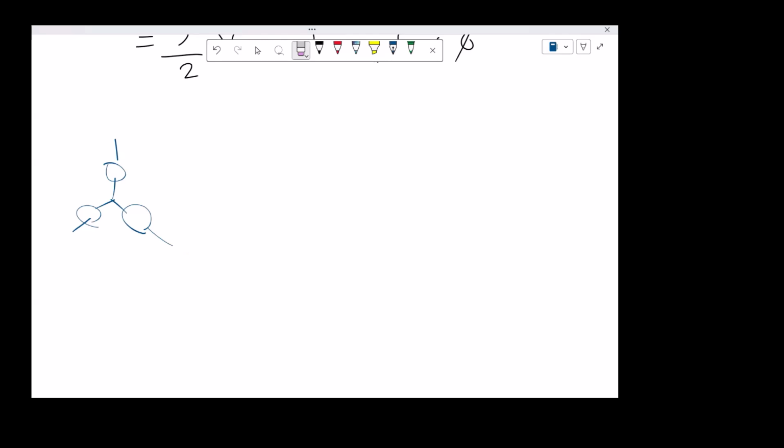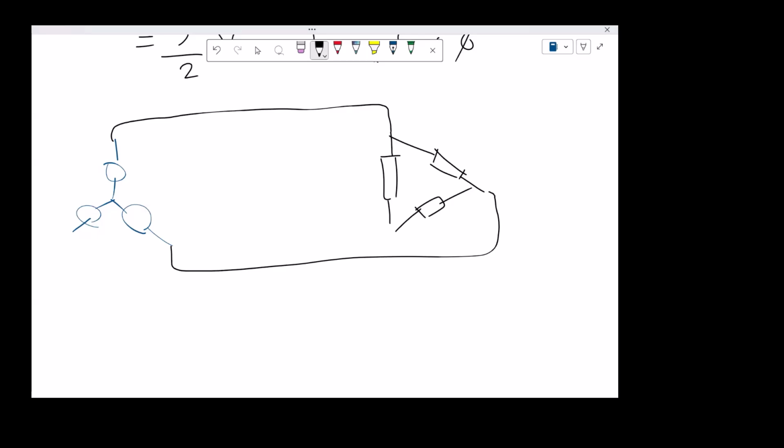What you need to do, however, when you have systems that have delta components, is convert that delta into an equivalent Y, because you cannot separate the 3 phases. So let's say you want to analyze this system.